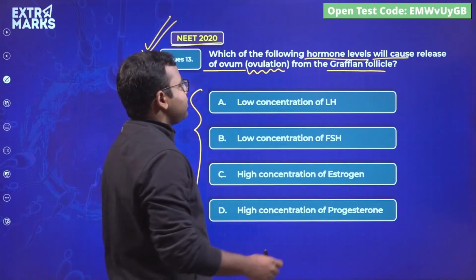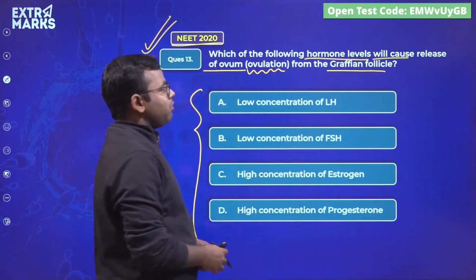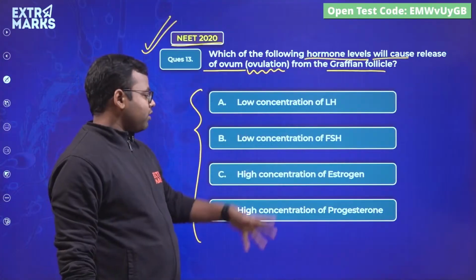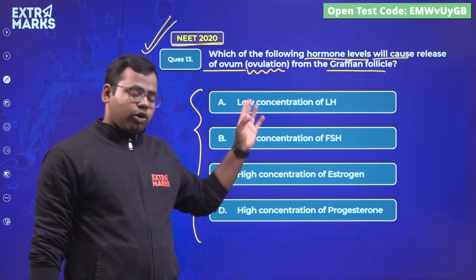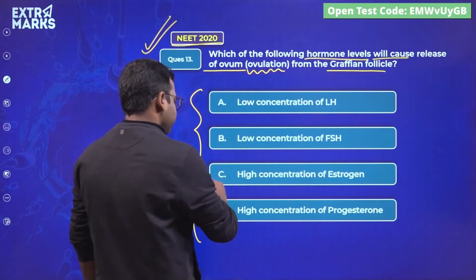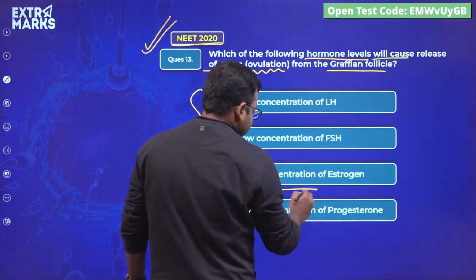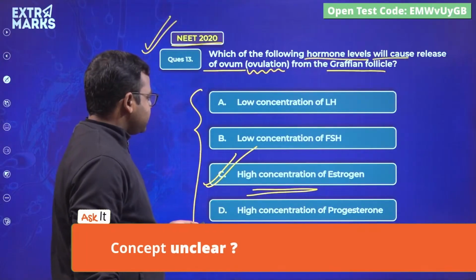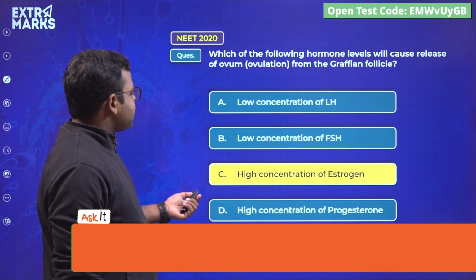Now the hormone which will cause the release of ovum from the Graafian follicle will be either a higher level of LH or a high concentration of estrogen. This is the correct answer, right? Here you can see C will be the correct answer.